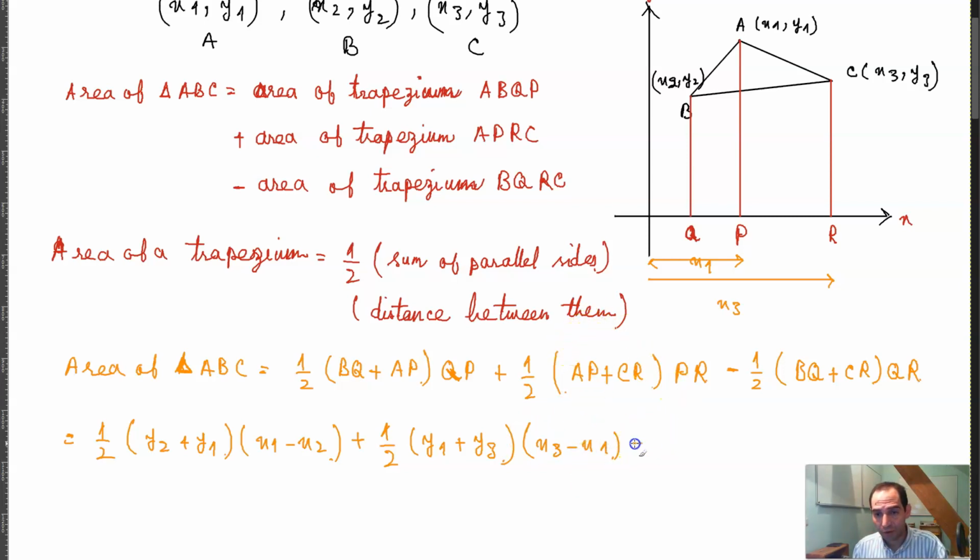And then from that you need to subtract 1/2 times BQ plus CR.